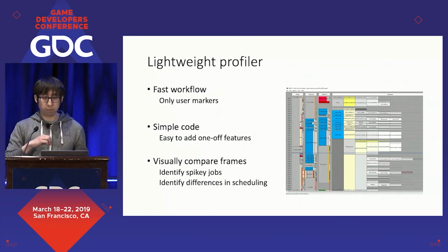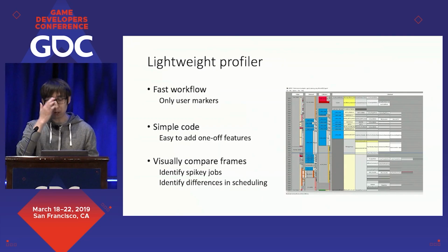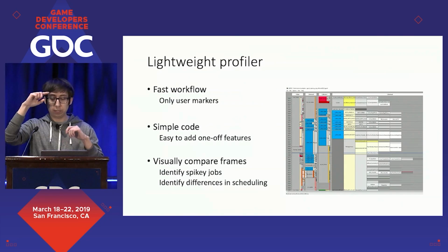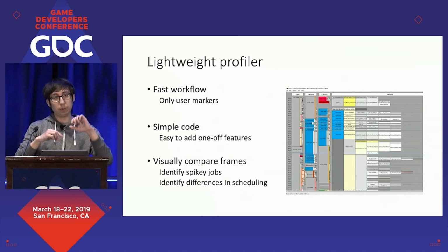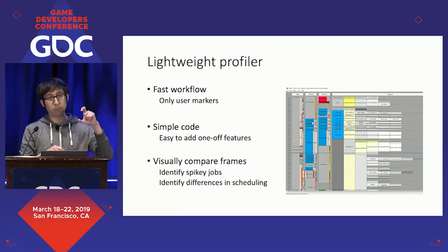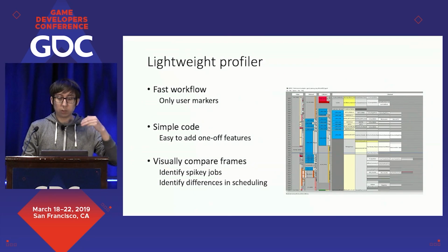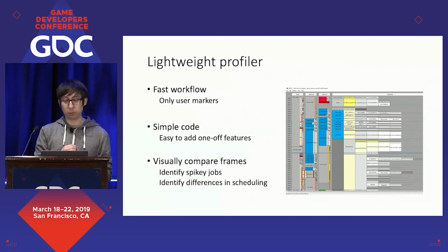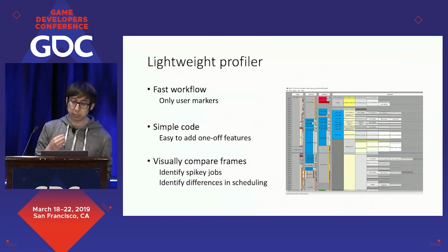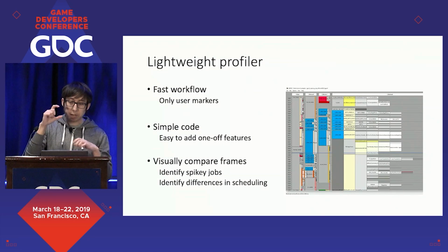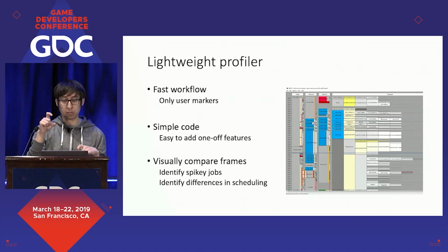So one of these one-off features that was useful is to quickly scroll between frames while keeping the beginning or end of an arbitrary per-frame marker fixed on your screen. This lets you quickly eyeball shape differences between frames. And moreover, by keeping a specific marker from each frame stationary on screen, you get an idea for which timeline is being spiky or landing at spiky times in relation to another timeline.